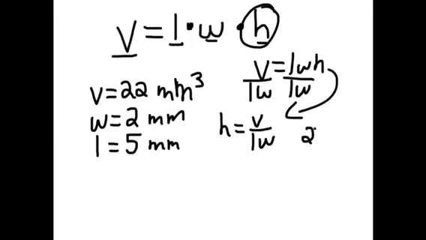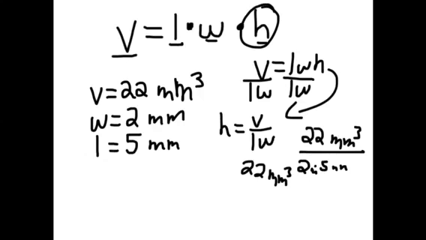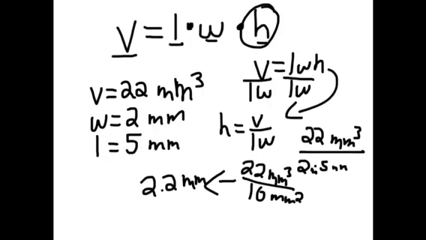So 22 millimeters cubed divided by 2 times 5 millimeters, and that's going to bring us 22 millimeters cubed over 10 millimeters squared. And then taking that value out of there, just some basic division, we're going to end up with 2.2 millimeters as our height.